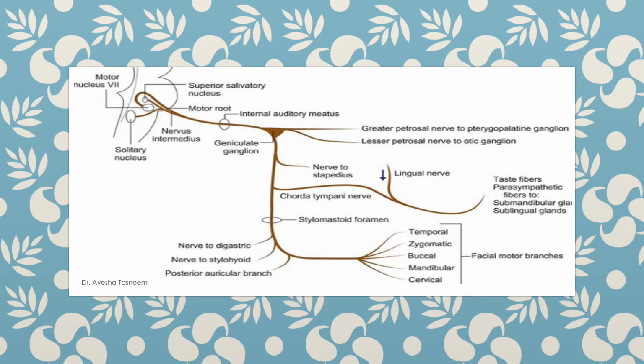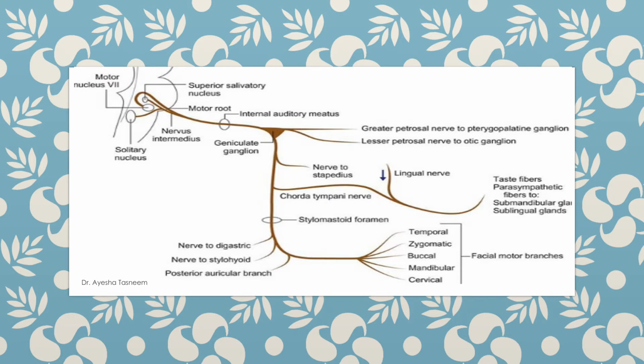Then it travels within the internal acoustic meatus. Here it gives two branches, the greater petrosal nerve that goes towards the pterygopalatine ganglion, that is given by the geniculate ganglion, and from this geniculate ganglion it takes a sharp turn and enters into the facial canal.